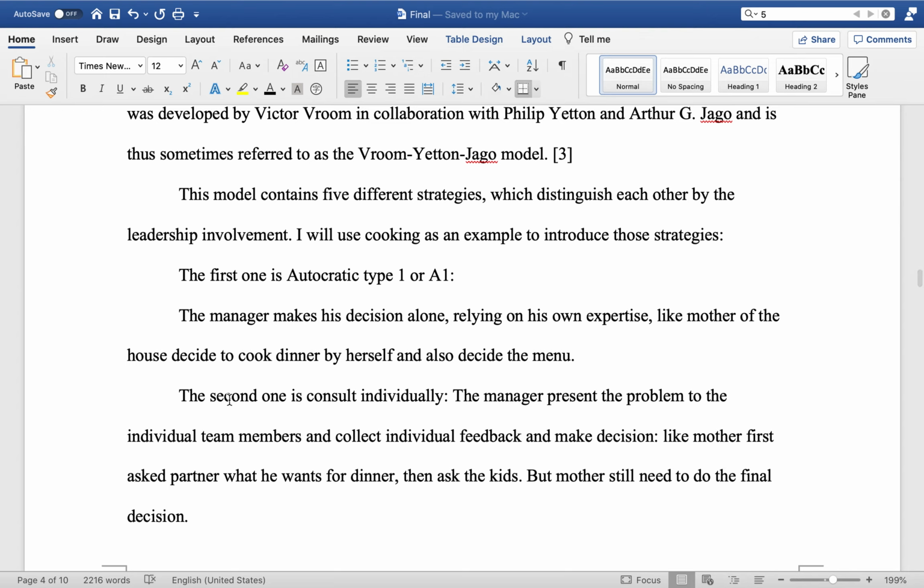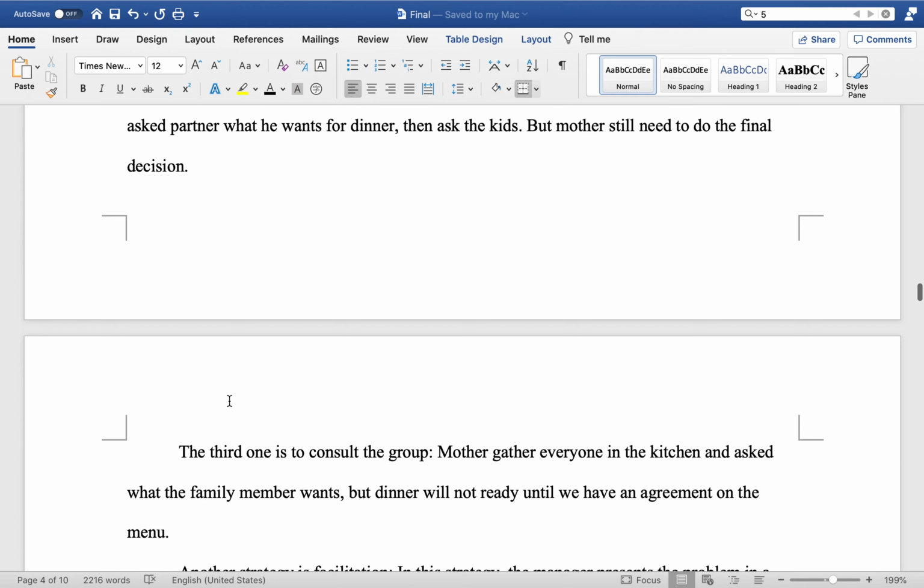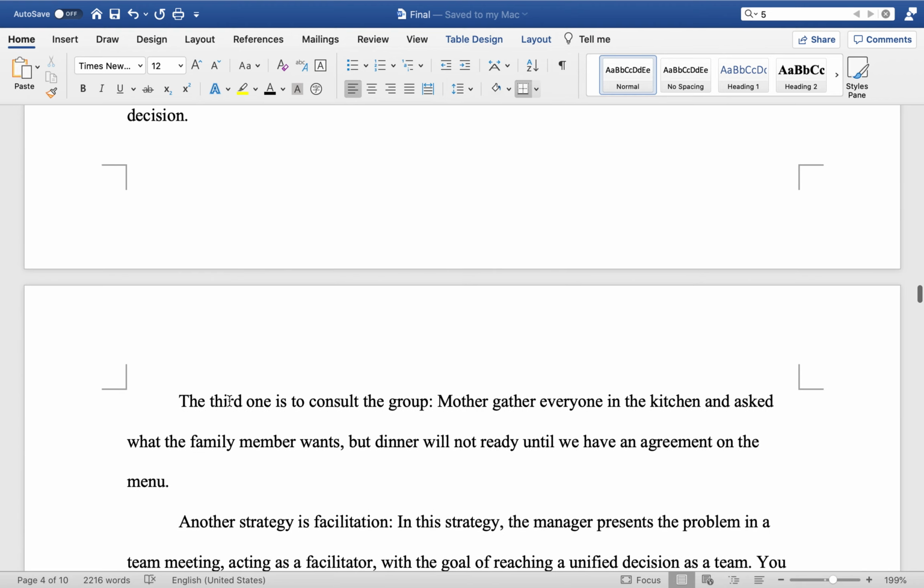The second one is called consult individuals. The manager presents a problem to the individual team members, collects individual feedback and makes the decision. The third one is consult group.